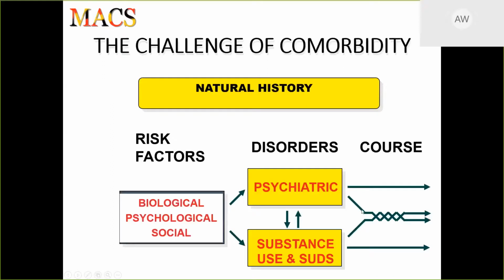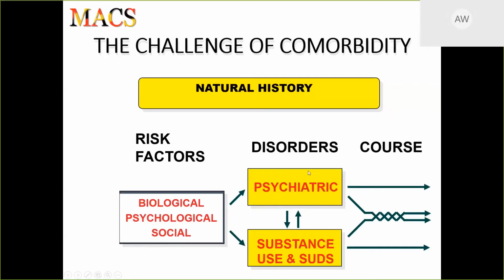So just kind of going from there, this is just looking at someone who does have a primary psychiatric disorder. They start, say, drinking to help with their anxiety, which leads to a substance use disorder. Over time, the disorders can progress on their own, but more often the symptoms become intertwined.